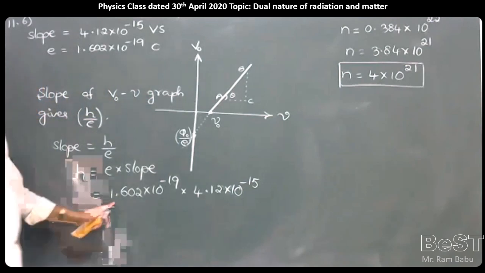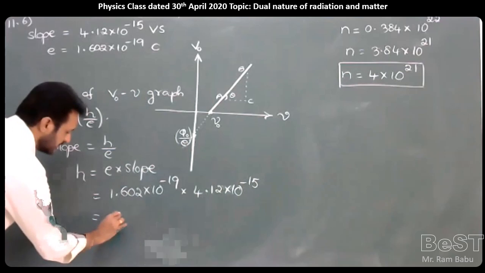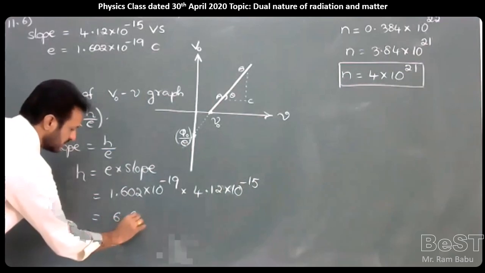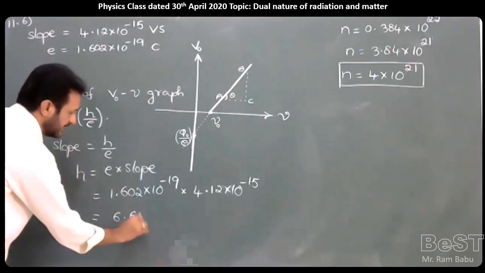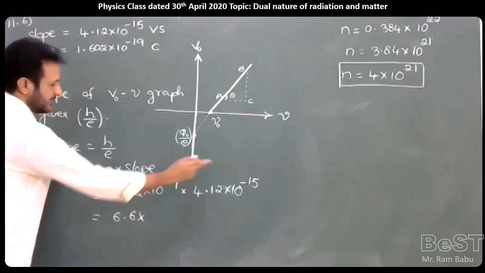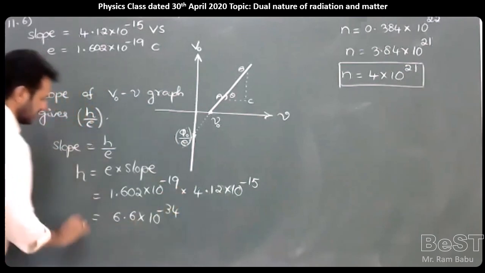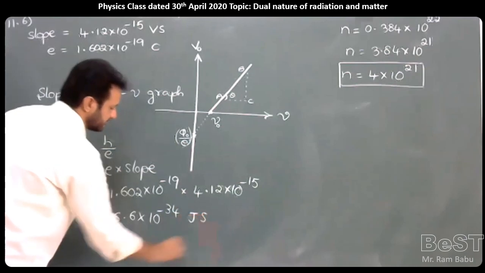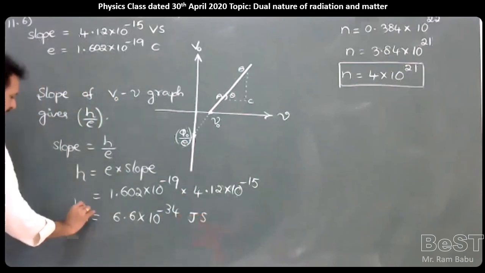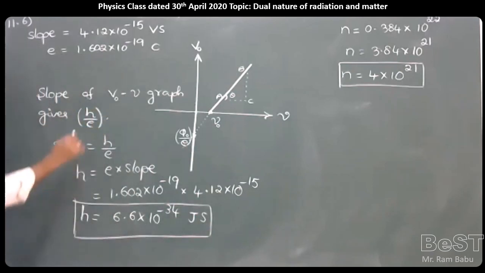Multiply these two values, 4.12 into 1.602, which is 6.6 into 10 to the power of minus 19 minus 15 equal to minus 34, unit joule second. Planck's constant h is equal to 6.6 into 10 power minus 34 joule second. That's all.